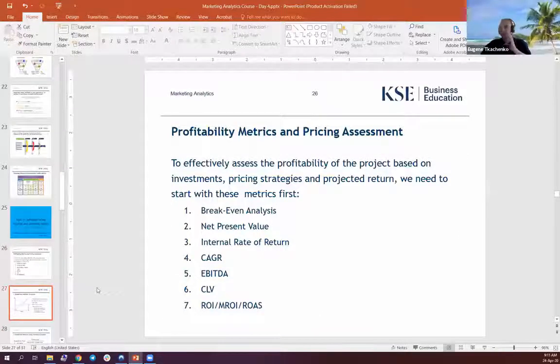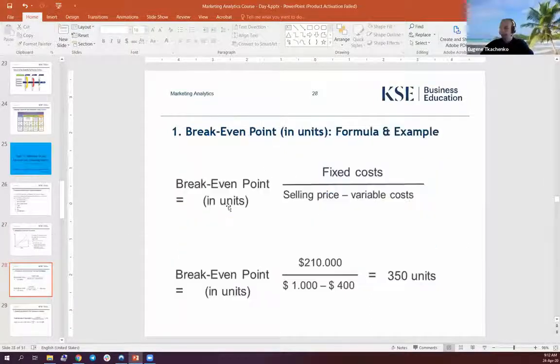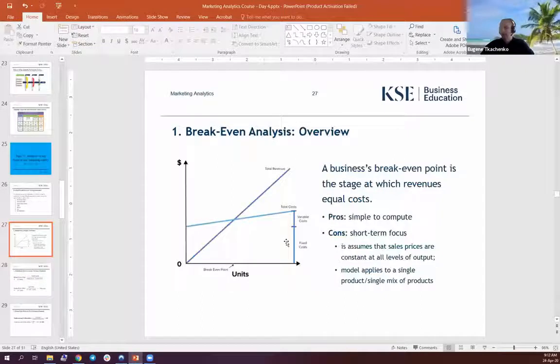Essentially, we're just trying to understand how many resources we need to sell, or how much money we need to make, in order to cover all our expenses. So the break-even point is something that covers both our variable and fixed costs.